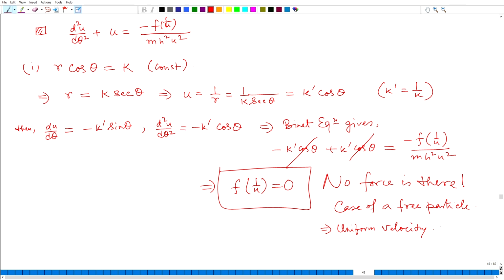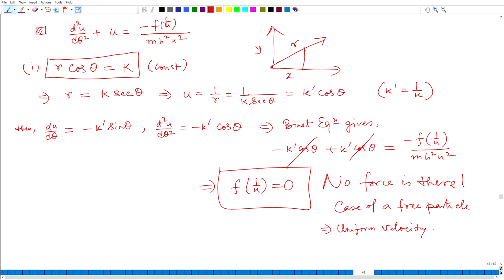And now, who can tell me what the trajectory is here? If you see in polar coordinates, r cos θ is equal to a constant, so the particle is moving in such a way that its r cos θ is constant. That means r cos θ is nothing but its x coordinate.